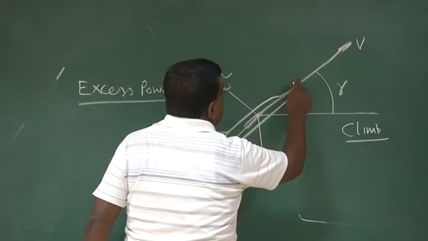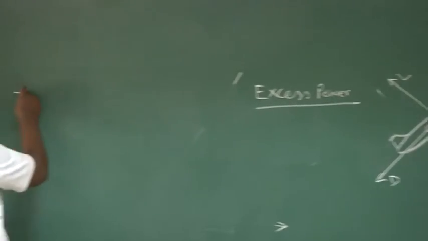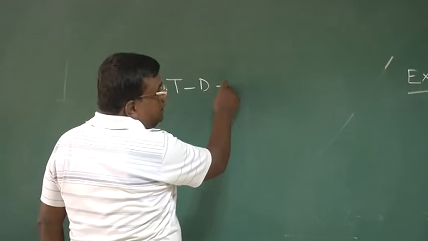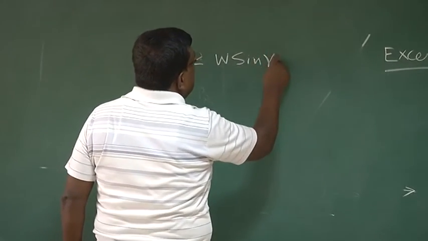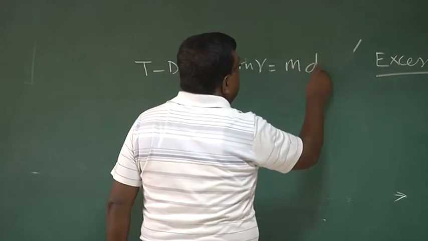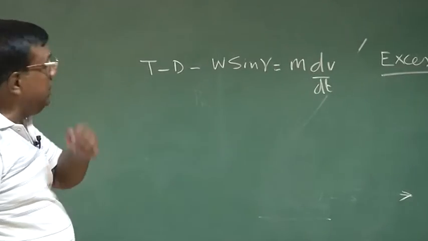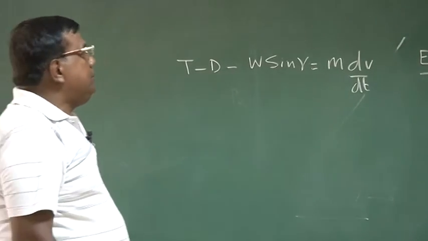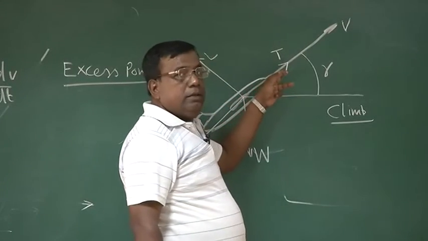I get, of course, there is a thrust. So I guess T minus D minus W sine gamma is equal to M dV by dt. What are the assumptions here when I have written this equation? First of all, I am assuming that thrust and velocity are in the same direction.